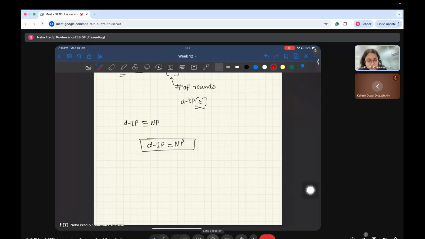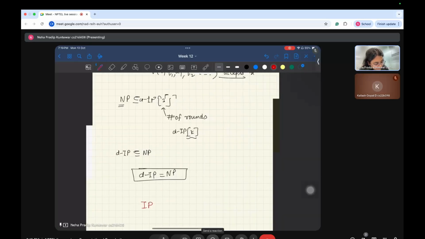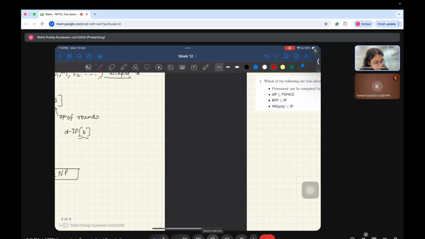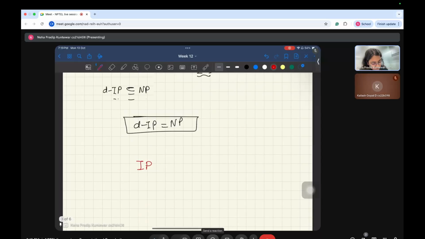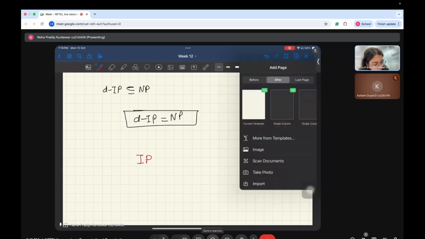Okay, so now the question is, now that we have given this additional power to the verifier, that we're allowing it to be randomized, is this model more powerful, and if so, how powerful is this? Let me just define this formally.